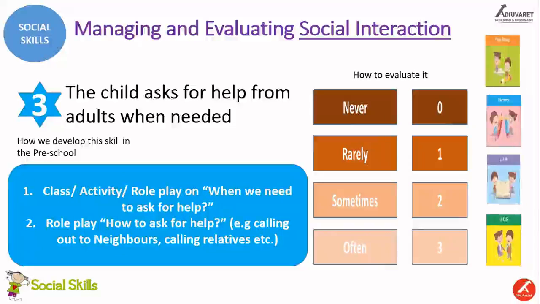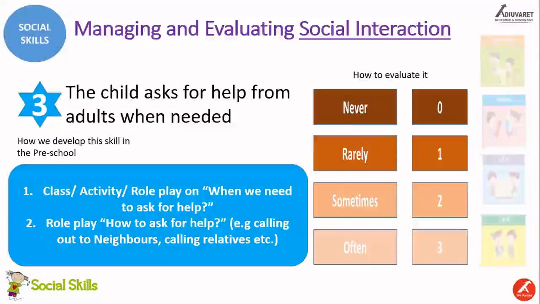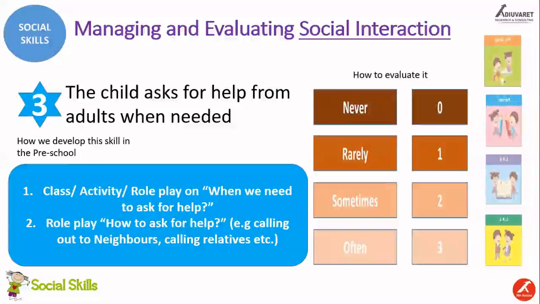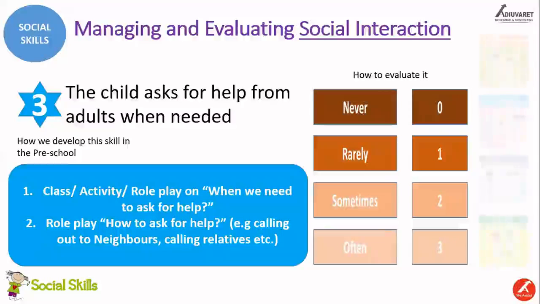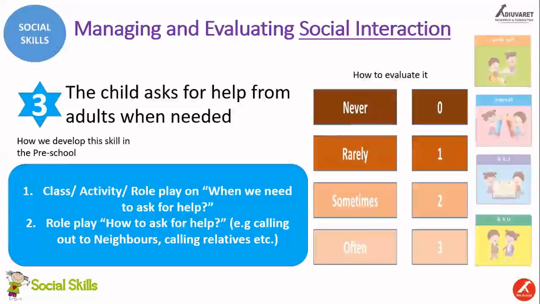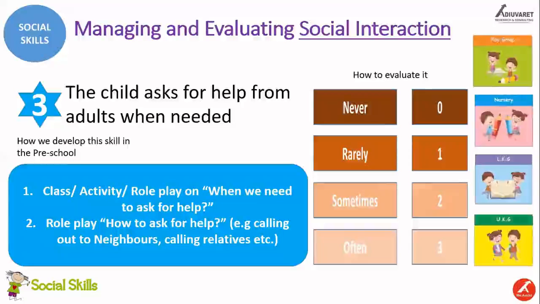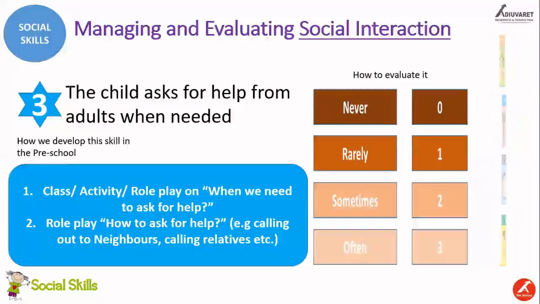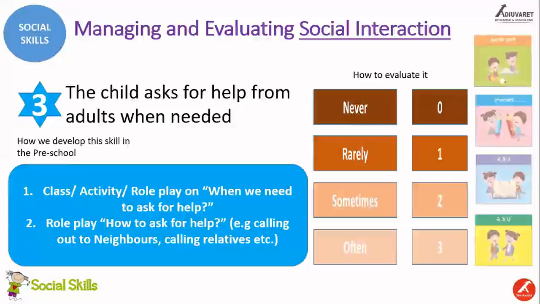If the child always reaches out to others for help, a score of 3 can be given. If the child is very much an introvert and never tries to reach out to adults for help, then a score of 0 can be assigned in the evaluation.